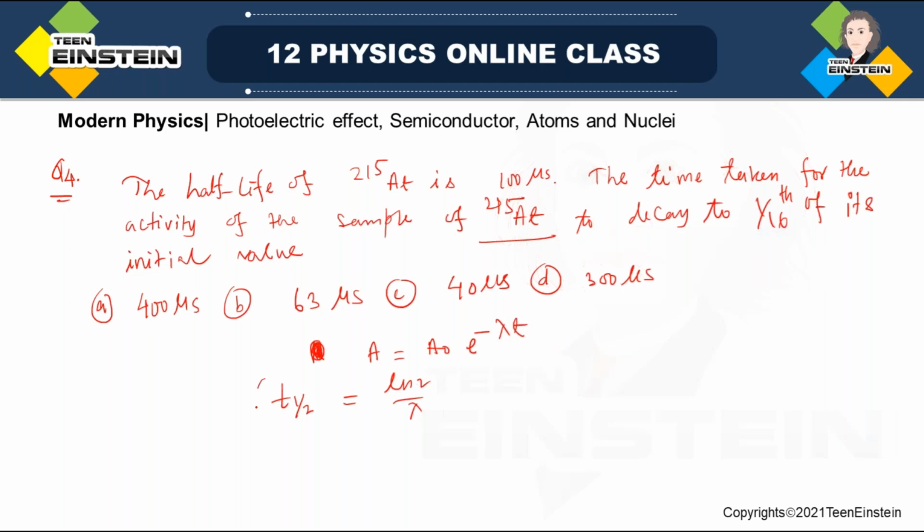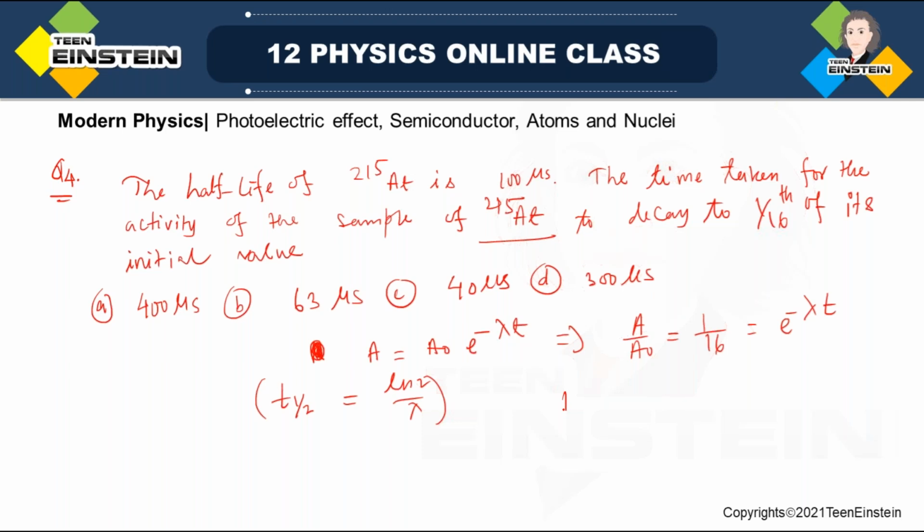What we can write from here is that A by A0, this is nothing but 1/16, is equal to e to the power minus lambda t, and lambda here is ln2 by t half.